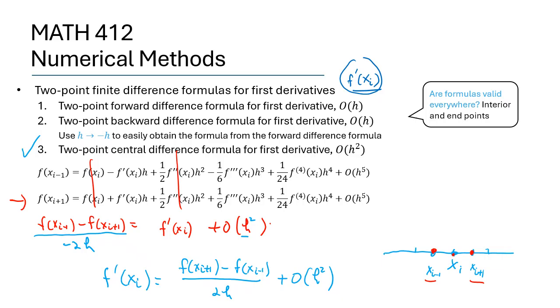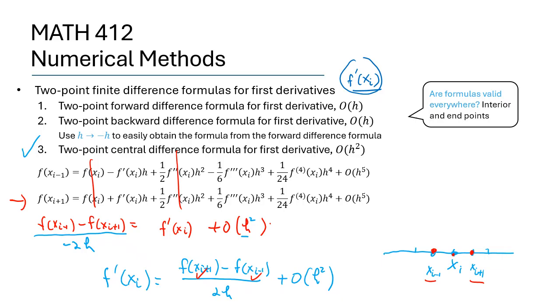That's why we call this formula the 2-point central difference formula: this point and that point.